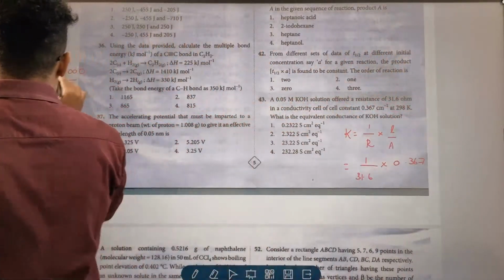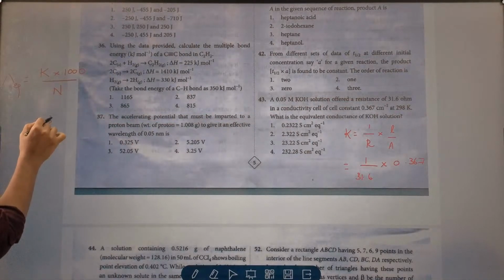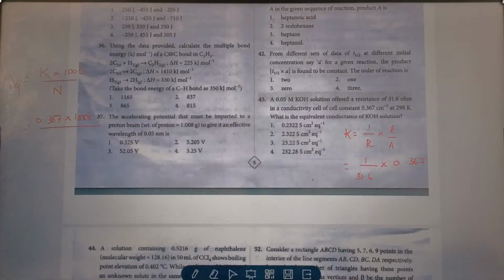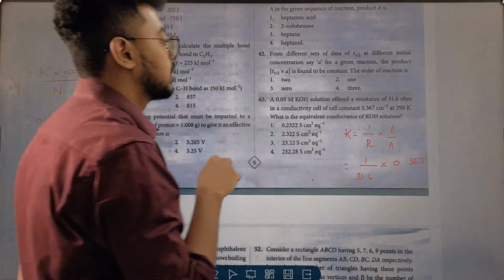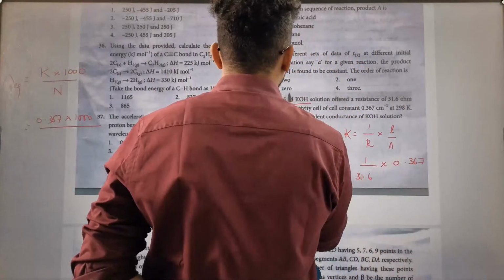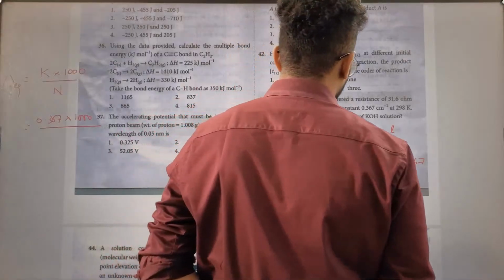Substituting this kappa here, that is 0.367 multiplied by 1000 divided by normality. It is given as 0.05 molar KOH solution, so normality is also 0.05.